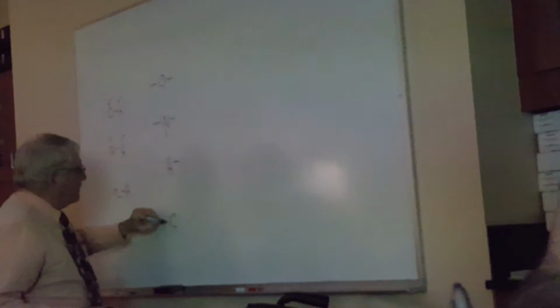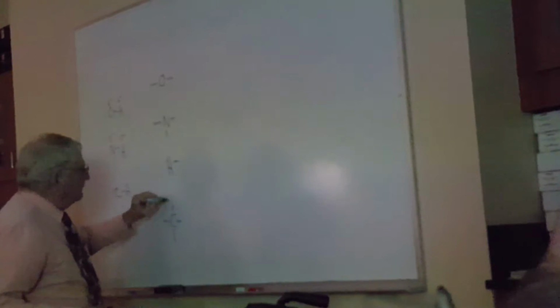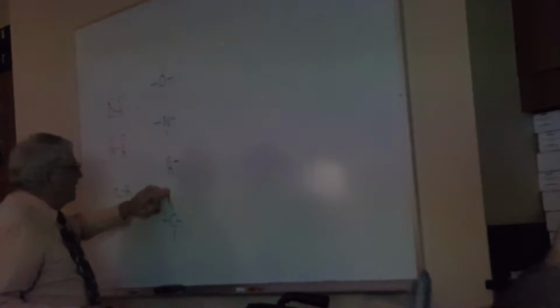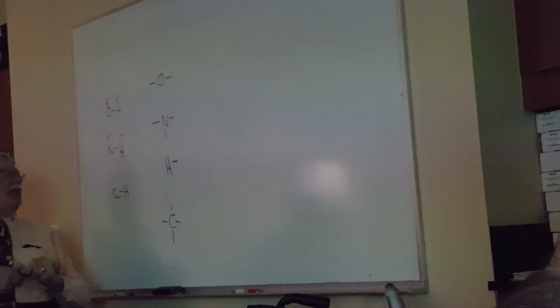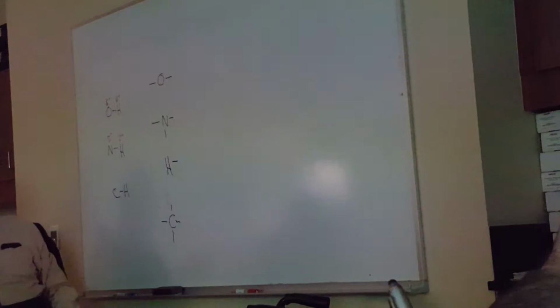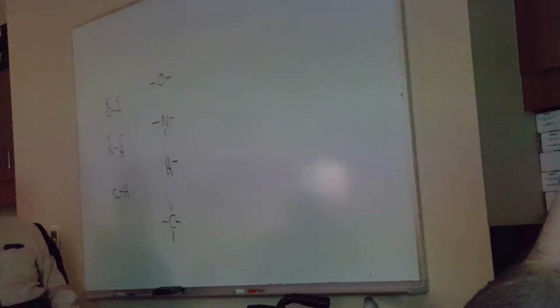And carbon always has 4. Those are the only ones you've got to know. You can see that this structure over here obeys the bonding rules for carbon and hydrogen, doesn't it? Because every hydrogen has 1 bond, and the carbon has 4. Can you see that that obeys the bonding rules?